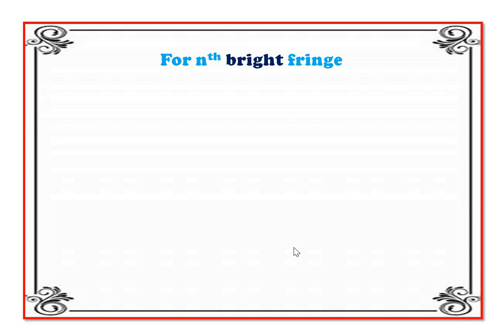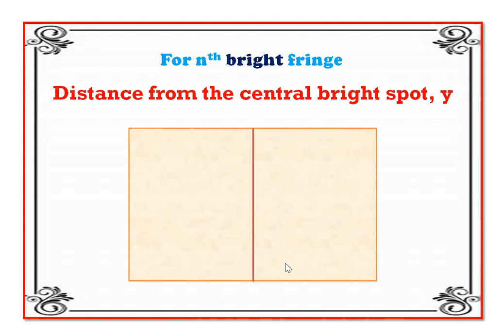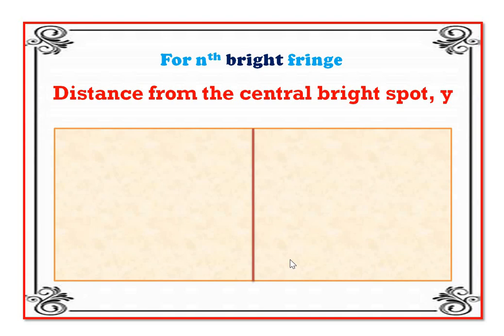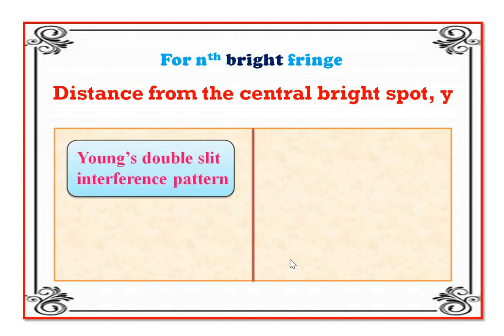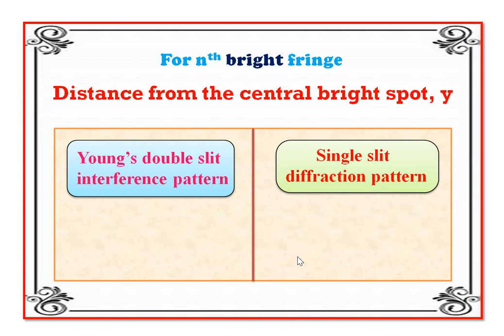For the nth bright fringe, the next quantity is the distance from the central bright spot, small y. In Young's double slit interference pattern, the formula is n times lambda capital D divided by small d.